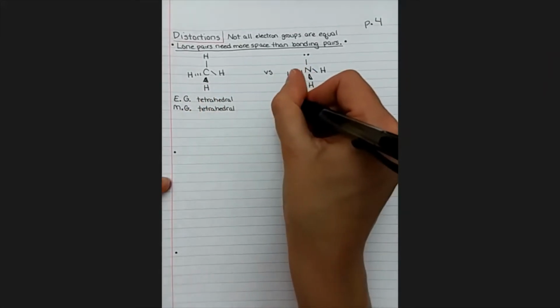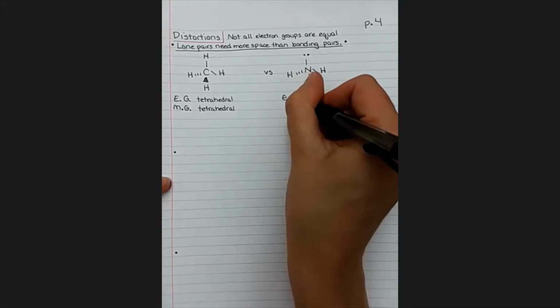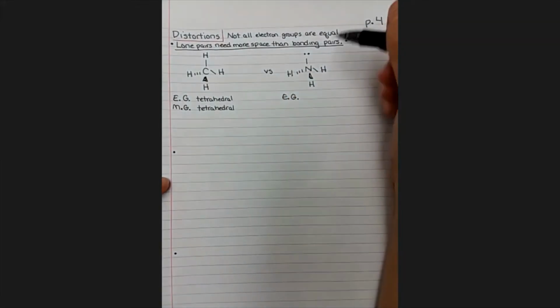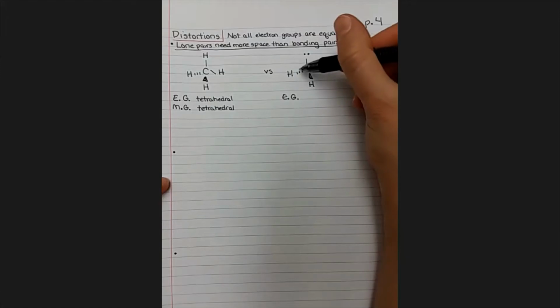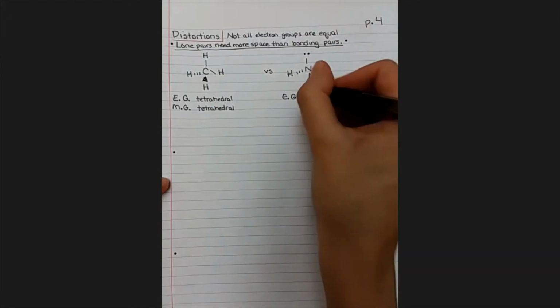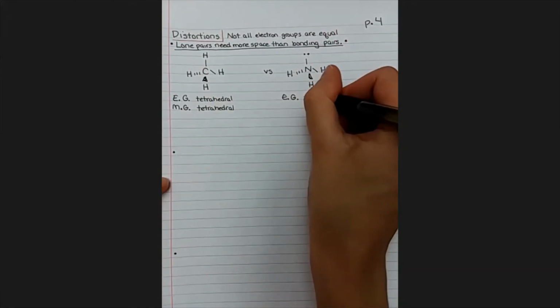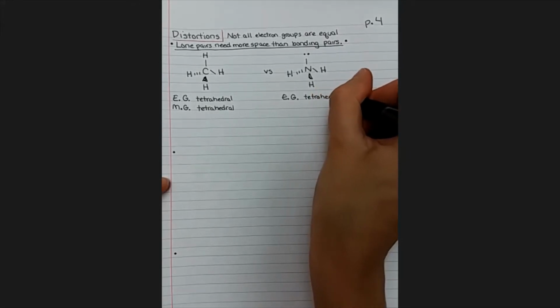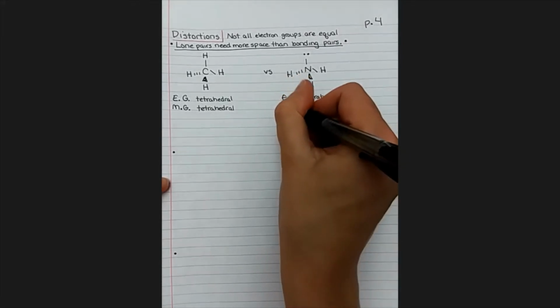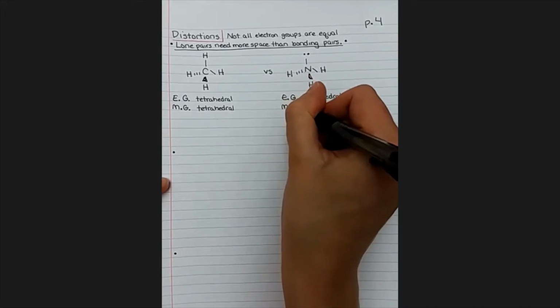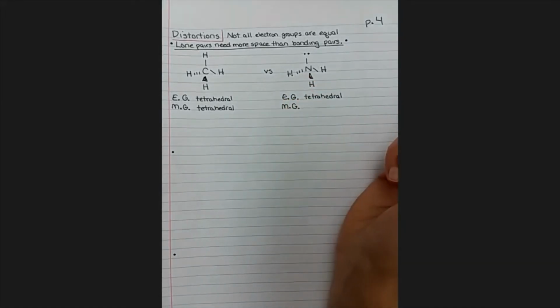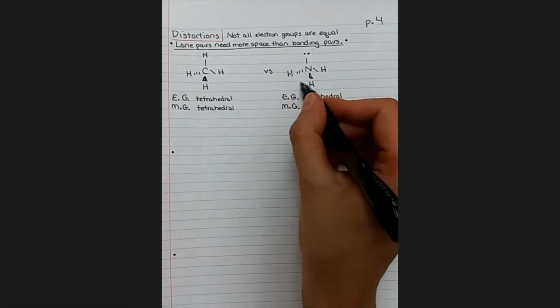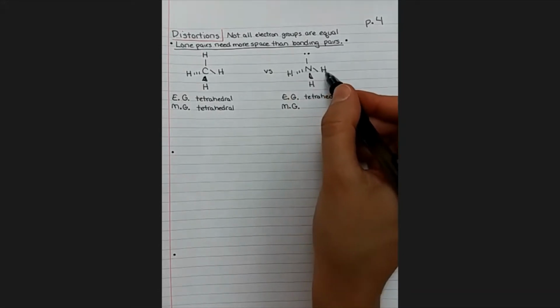We can practice for this guy as well. This molecule also has 4 electron groups, 1, 2, 3, and 4. And for electron geometry, all electron groups are considered equally. We love them all. And for molecular geometry, we're only going to name the shape made by the electron groups that connect to atoms.